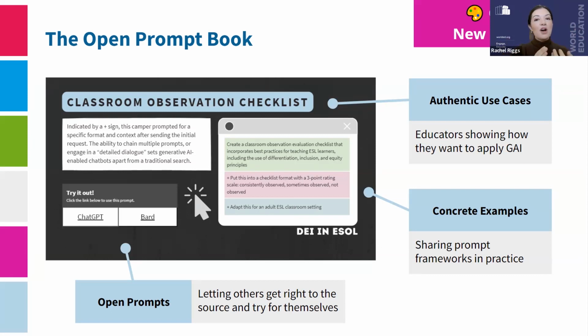So how do we go beyond just, oh, I created a rubric or a checklist, and now I'm going to share it with you in a Google Doc so you can reuse it? There's a step before that in the source of that creation, which is the prompt and the dialogue. And so what we'll be doing is sharing links so that people can go in and continue to interact in their own accounts with a chatbot, building off of the original prompt that an educator gave.